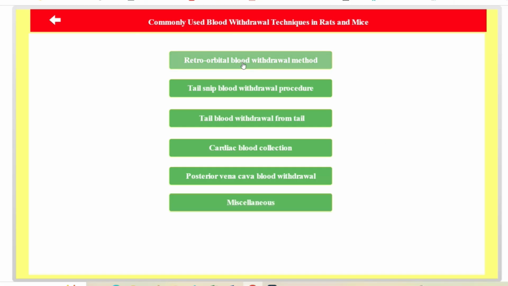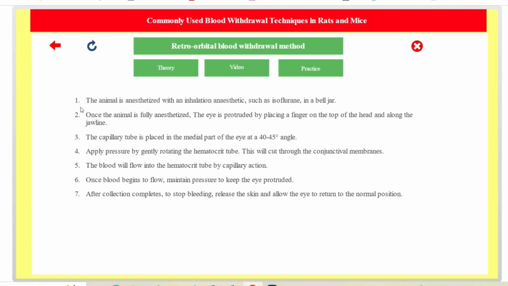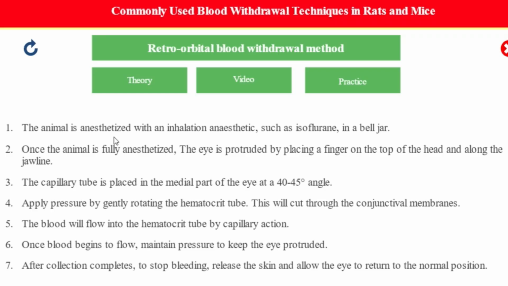So we will go first to the retro-orbital blood withdrawal method. In this we will first see the theory part, so I will read this speedily. The animal is anesthetized with an inhalation anesthetic such as isoflurane in a bell jar. Once the animal is fully anesthetized, the eye is protruded by placing a finger on top of the head and along the jawline.